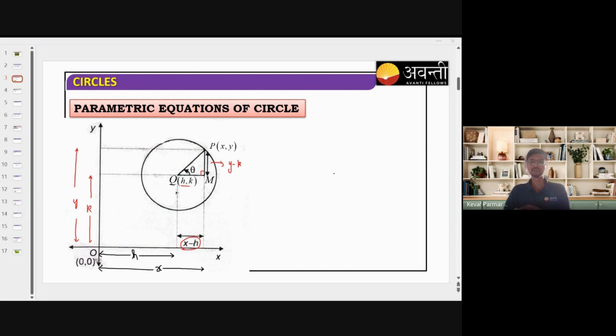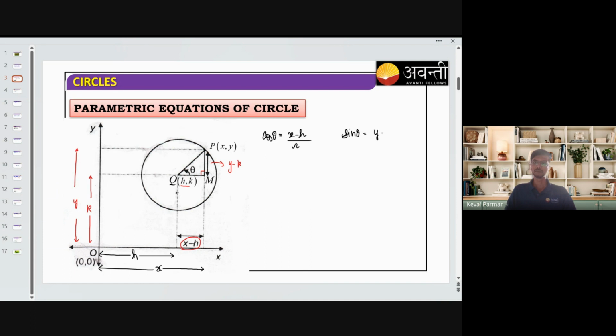If the triangle is right angled, what can we use? We can use trigonometry. So what will be cos theta? Cos theta will be adjacent upon hypotenuse. Adjacent is x minus h upon hypotenuse, which is PQ, the radius r. Similarly, sine theta will be opposite upon hypotenuse.